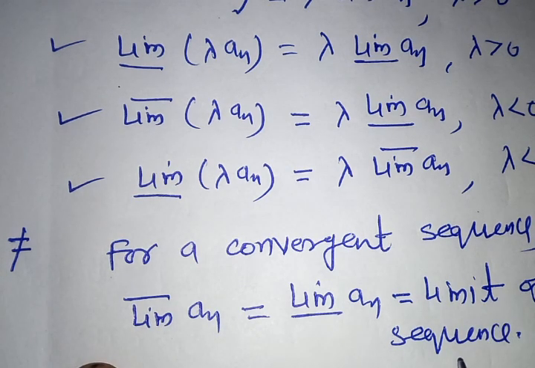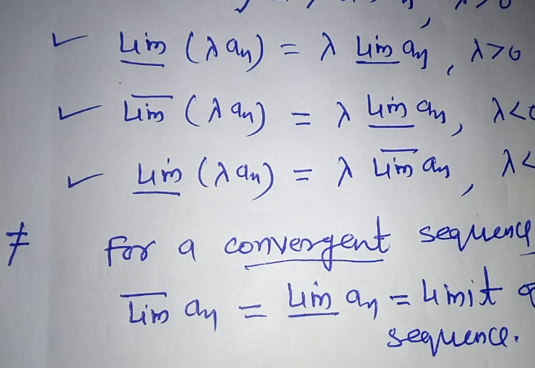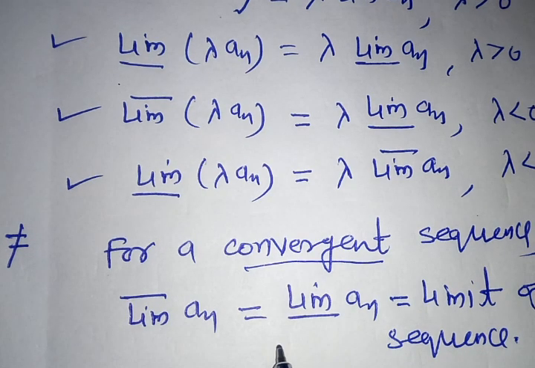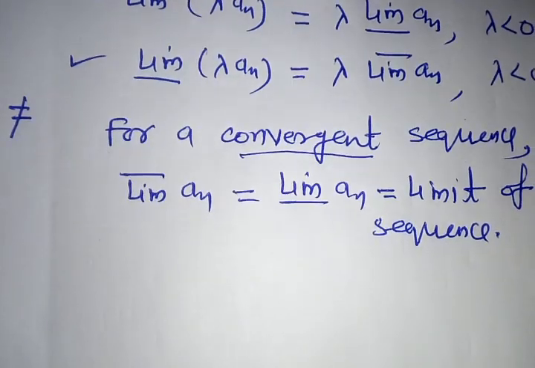But limit of a sequence exists only in the case of a convergent sequence. So if the sequence is convergent, then it is always true that limit inferior equals limit superior. But the converse may not be true. There are sequences such that limit inferior and limit superior are the same, but the sequences are not convergent. Similarly, if we have a bounded set, then limit inferior and limit superior are finite.